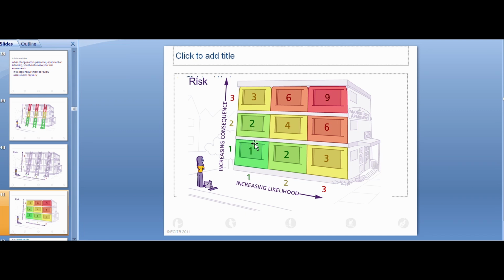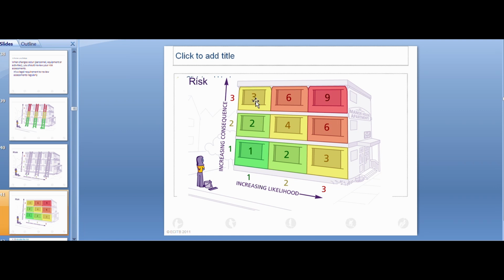For the first ladder at height level 2, the likelihood is still the same, low, but the height is a little increased, so the risk is a little increased: 1 multiplied by 2 is equal to 2, so it is still acceptable and we can go for this work.